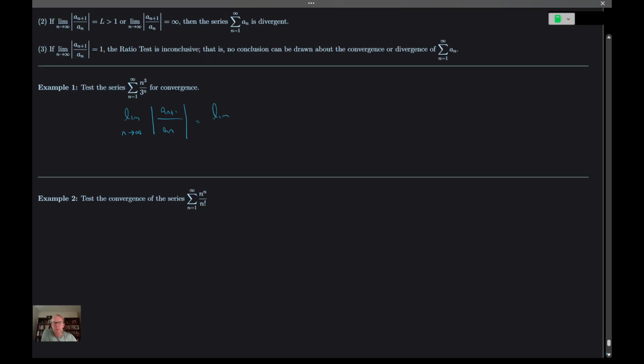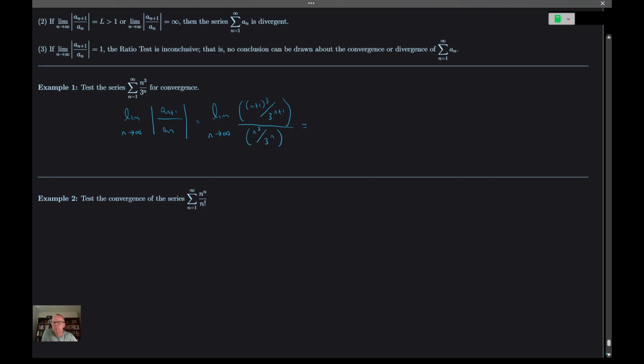So we have the limit as n goes to infinity of a sub n plus 1, so we plug in n plus 1 for the n's. We have n plus 1 cubed over 3 to the n plus 1, and that's over the a sub n term, which is n cubed over 3 to the n.